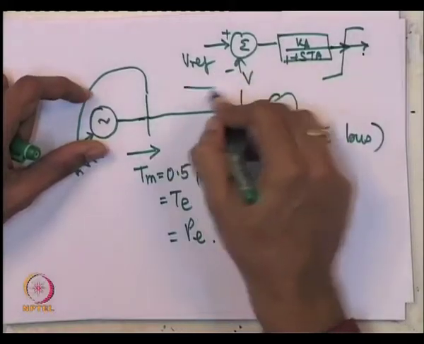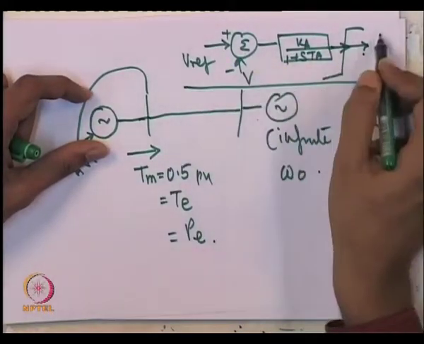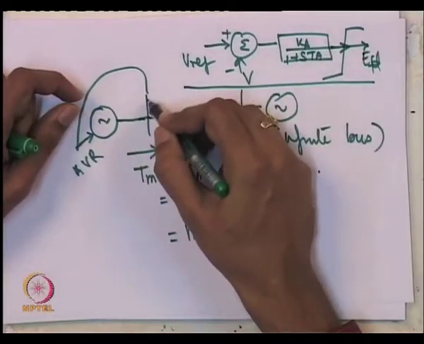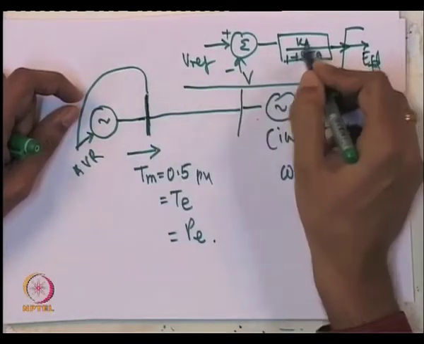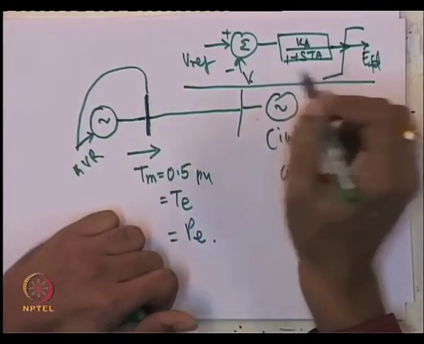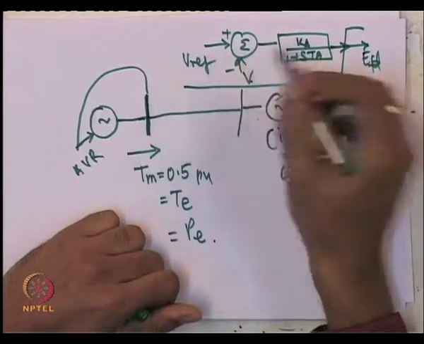By having this kind of control system, you are controlling the field voltage, and if this K is large, you practically are regulating this voltage V to a constant value, which is almost equal to Vref.